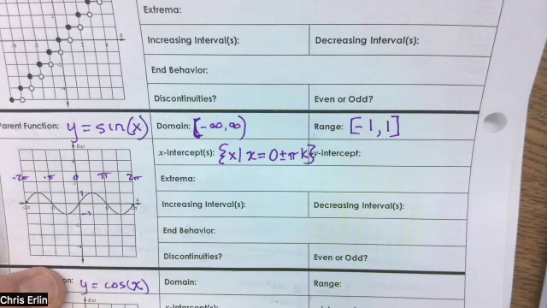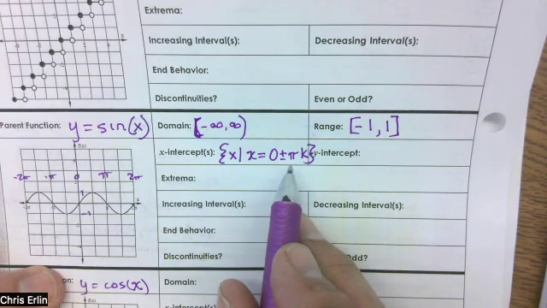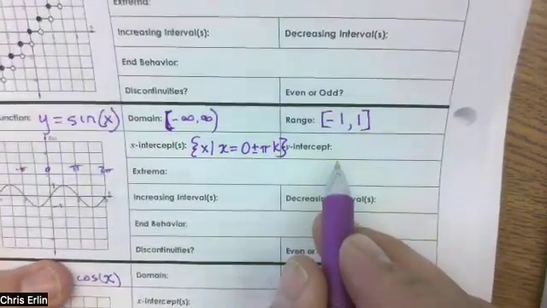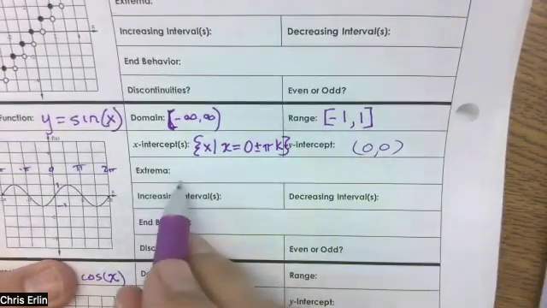We know that it means 1 or 2 or 3. It doesn't have a decimal to it. So 0 plus or minus an integer value of k. It could be 1k, 2k, 3k, 4k. What about the y-intercept? 0, 0. That one's easy. What about the extrema?